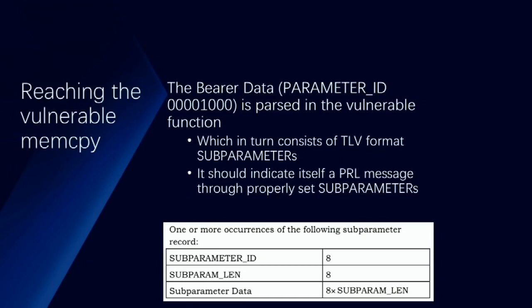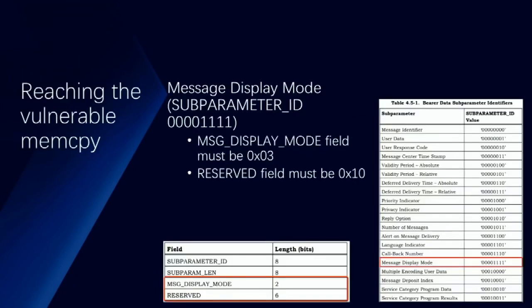The structure of a subparameter is basically like this. It starts with an ID. The 8 here means 8 bits, so it is 1 byte. It has a 1 byte length, followed by the content of that length. To reach that vulnerable memory copy, we have to set the subparameters correctly inside the bearer data. The first one is the message display mode subparameter.